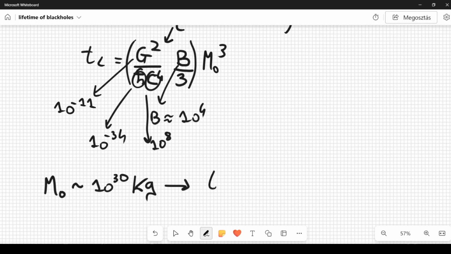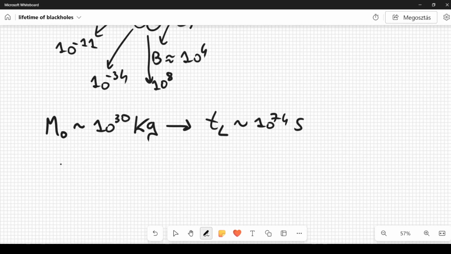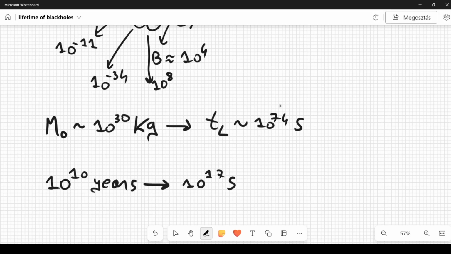If you do the calculation for the order of magnitude of T_L, you get something like 10 to the 74 seconds. Just for comparison, the age of the universe is of the order of 10 to the 10 years, which is something like 10 to the 17 seconds. So this number greatly exceeds the age of the universe, just to give you the idea.